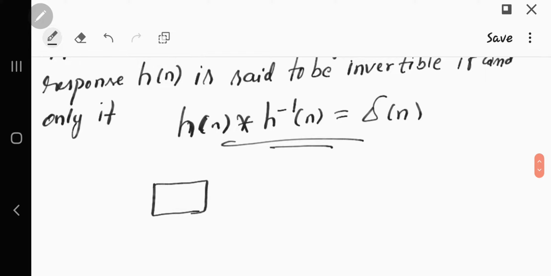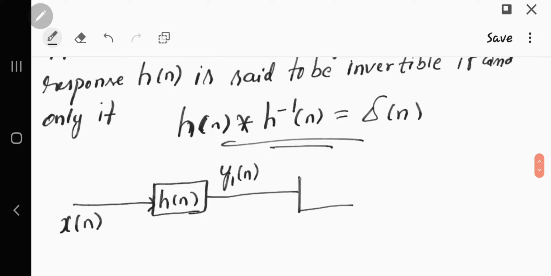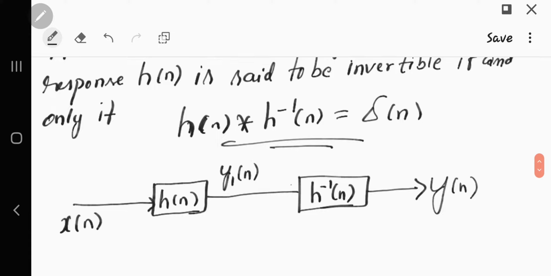So if you express this graphically, this is a system, the first system, x of n, so the output will be y1 of n. Then the output of this system is passed through an inverse system, then you will get the output y of n here.